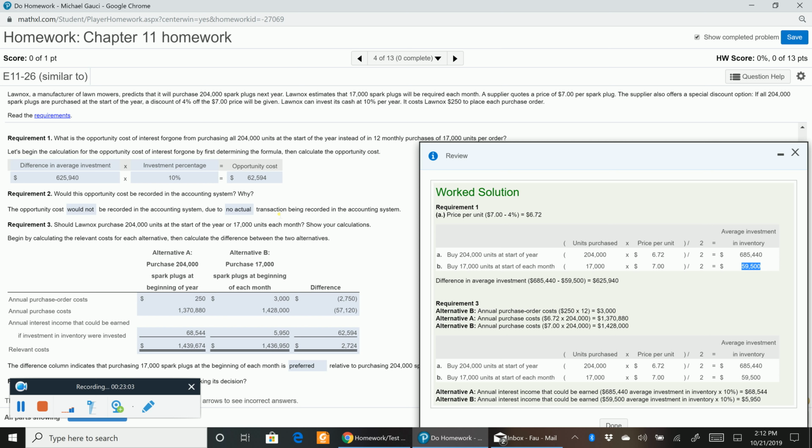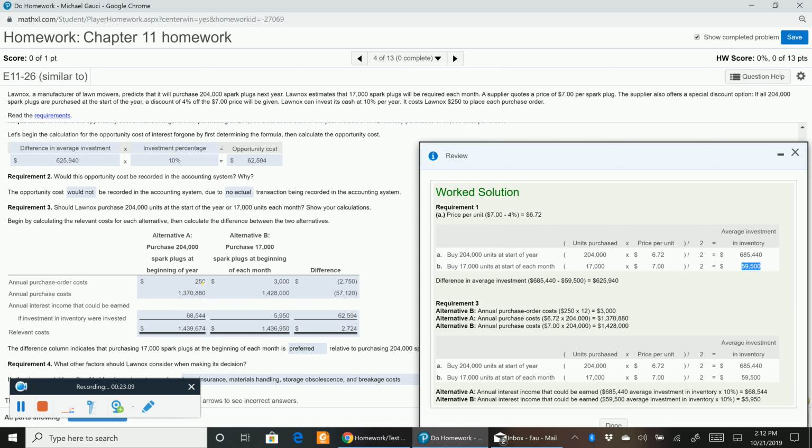show the calculations between the two alternatives in total. In the first one, we just looked at the opportunity cost for the idle cash, but here, if we buy all 204,000 at the beginning of the year versus buying 17,000 spark plugs at the beginning of each month.